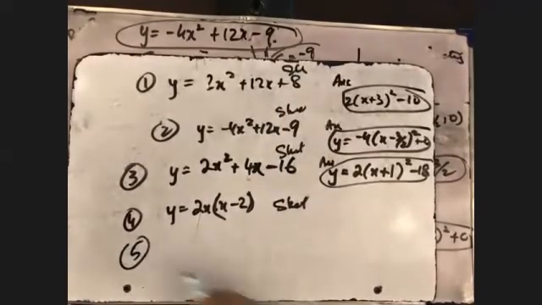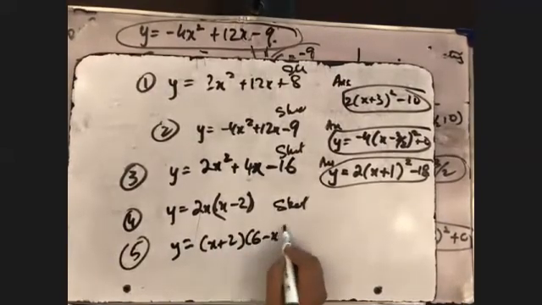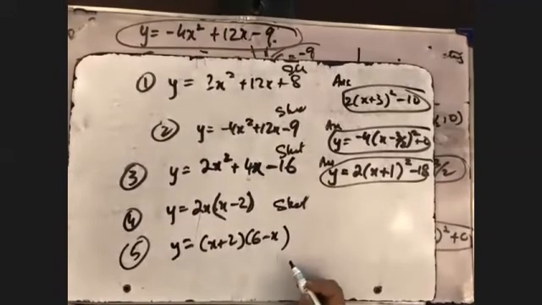And number 5: y is equal to (x plus 2) into (6 minus x). You got to sketch this too.